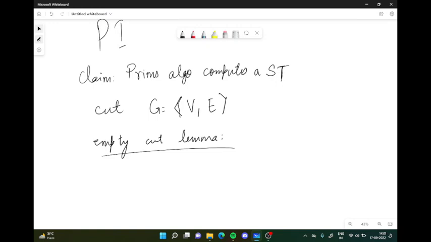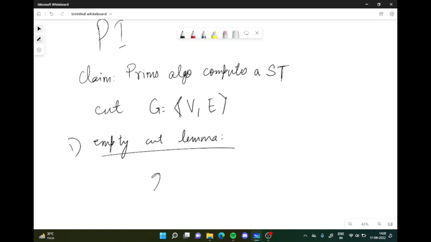What am I trying to do with this empty cut lemma? Well, all I'm trying to say is that a graph is connected if there exists no empty cut, and if there exists an empty cut, then the graph is not connected, basically.